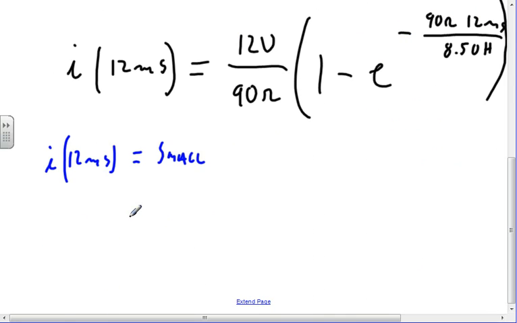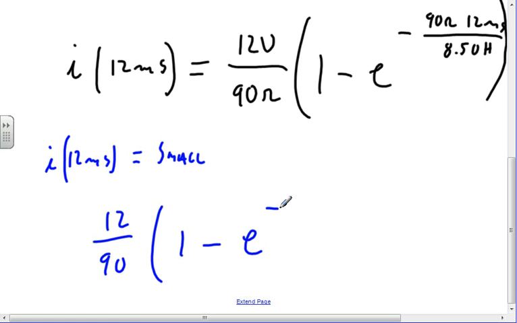Anybody know what 12 divided by 90 is? Okay, so 12 divided by 90, 1 minus e to the minus 90 times 0.012 divided by 8.5.